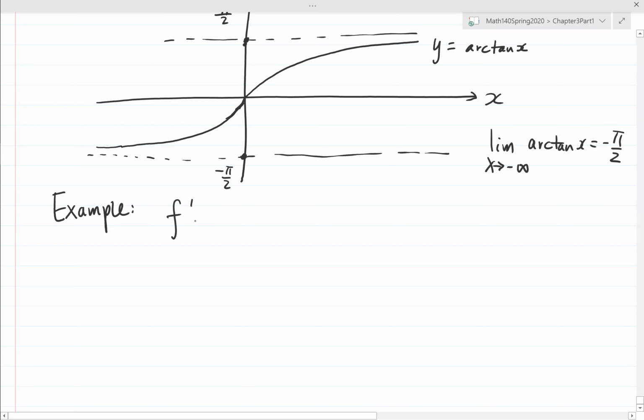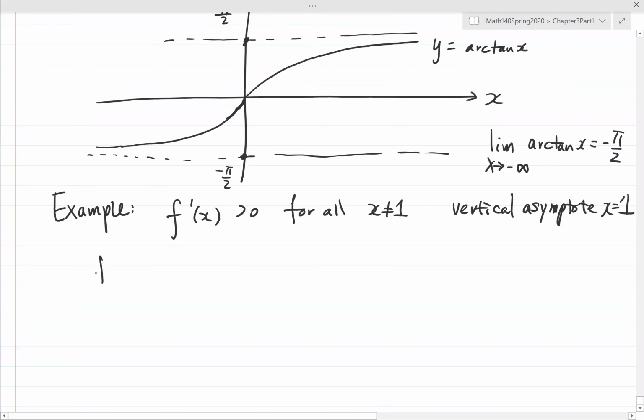Suppose f derivative is positive for all x not equal to 1, with a vertical asymptote at x equals 1.